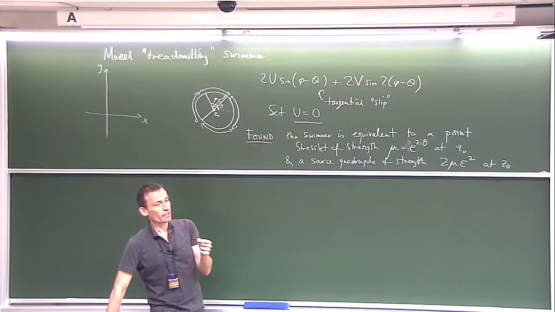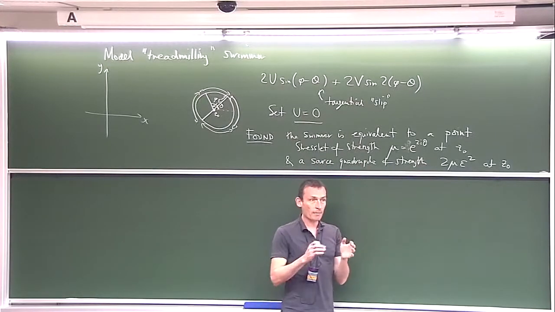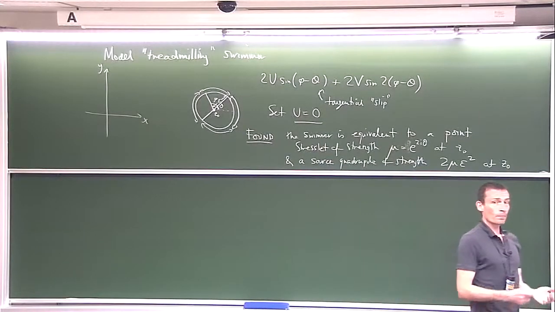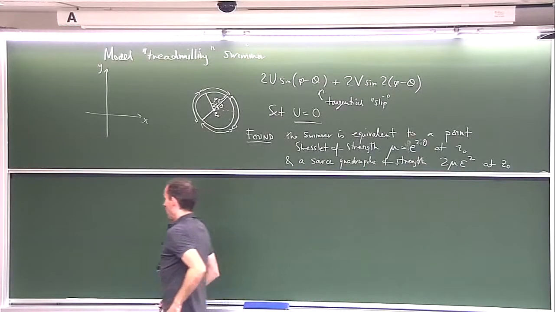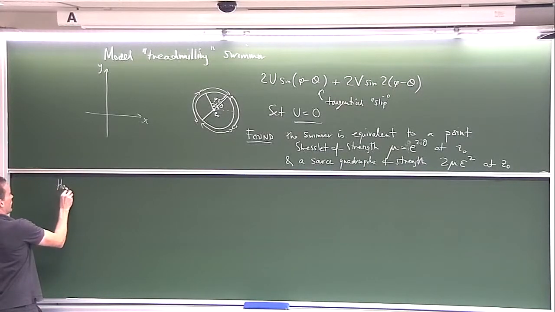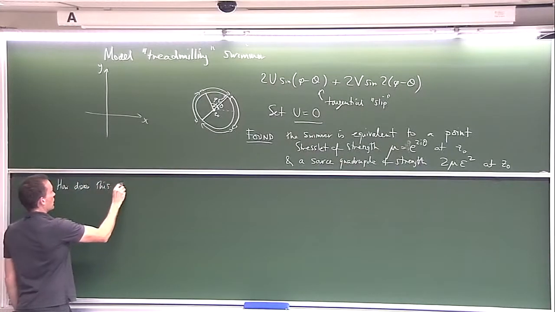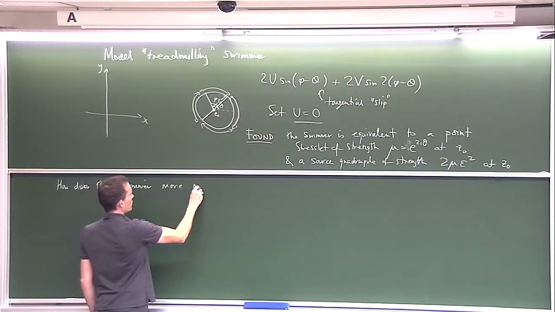The flow generated by a stresslet and a source quadrupole is exactly the same outside the cylinder as the treadmilling. And then, my approximation then, so how does such a swimmer move near a wall?